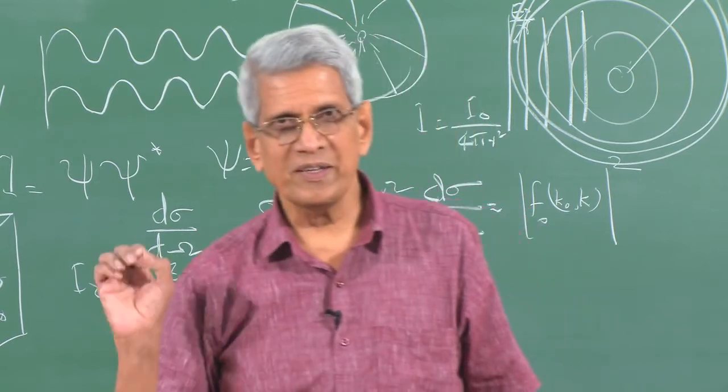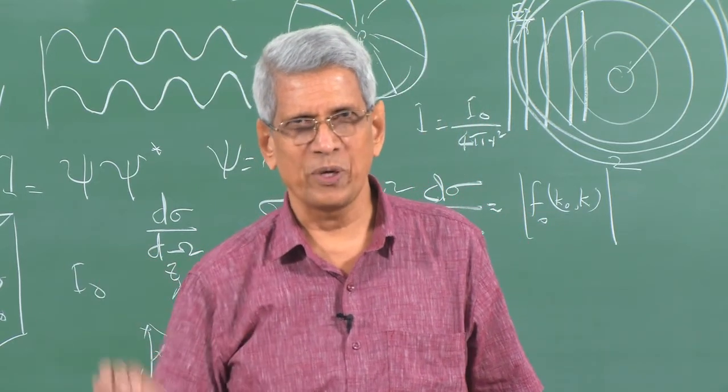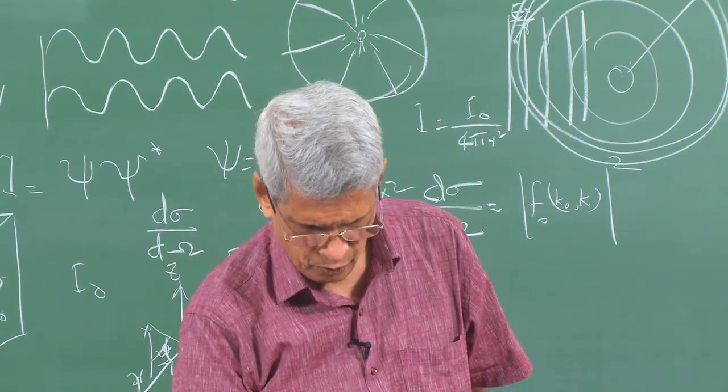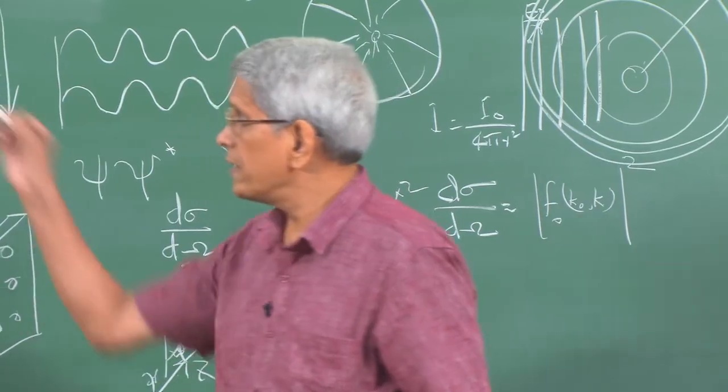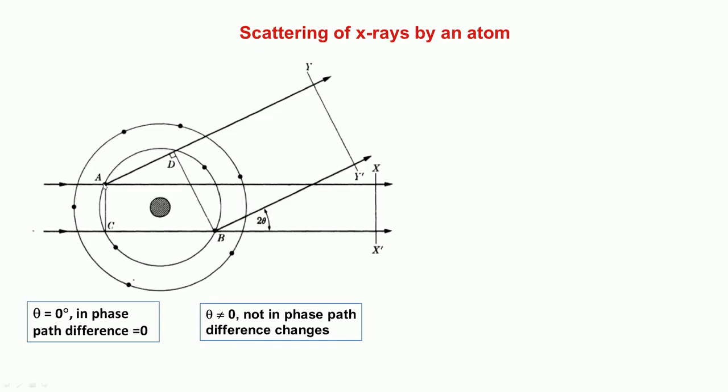It is going to be in phase, so they add together. That is what is being shown here: if an electron scatters in the forward direction, the path phase difference is going to be 0 for all. So, all the intensities add together, and it will be the same as that of the primary beam.